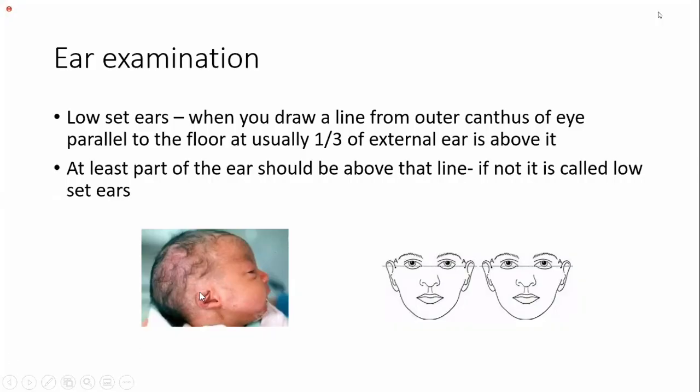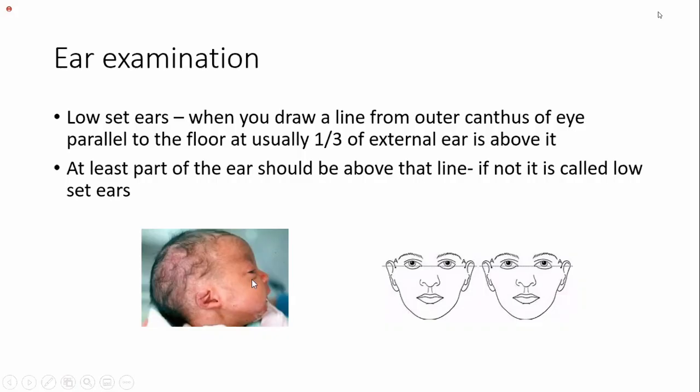If there are multiple abnormalities in the external ear, that might indicate abnormality in some other organ, the kidneys. Multiple ear abnormalities might indicate abnormality in the same-side, ipsilateral kidney, so you have to check the kidneys with an ultrasound scan.